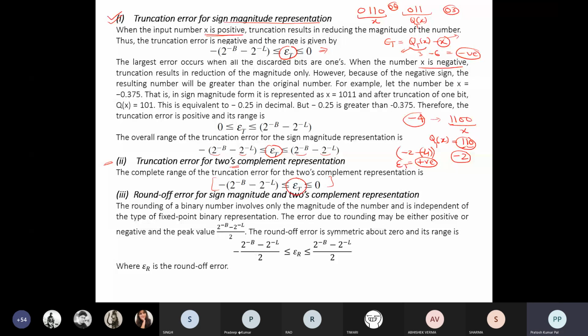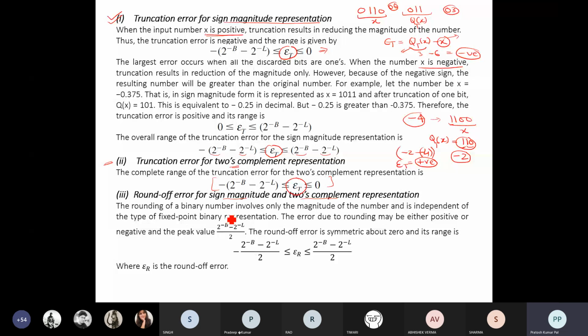Similarly, if we are going to deal with the rounding of error, we will be making sure in terms of sign magnitude and 2's complement representation. In case of rounding of errors, the effect of type of representation is not there.